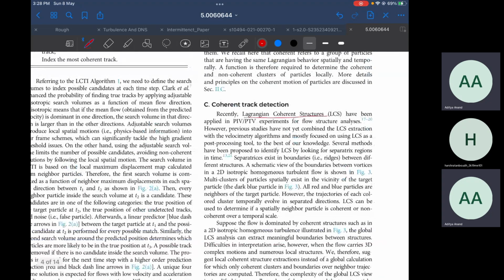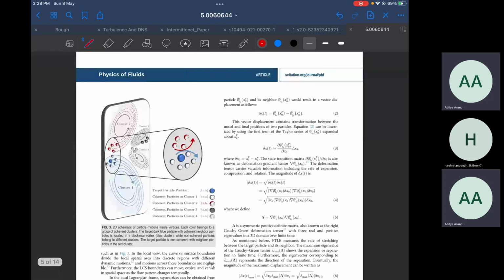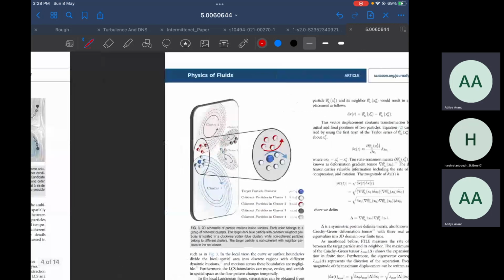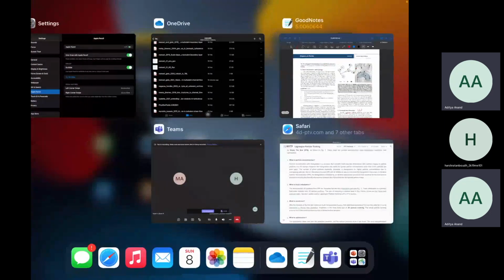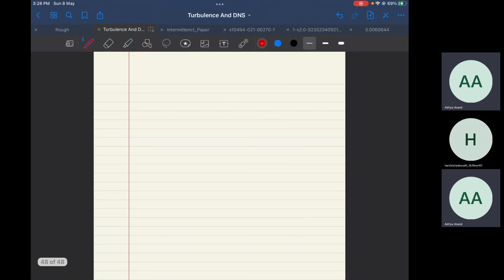These are quite technical terms, but you should not get scared of these, and should actually explore this. Let me tell you briefly what a Lagrangian coherent structure would be.